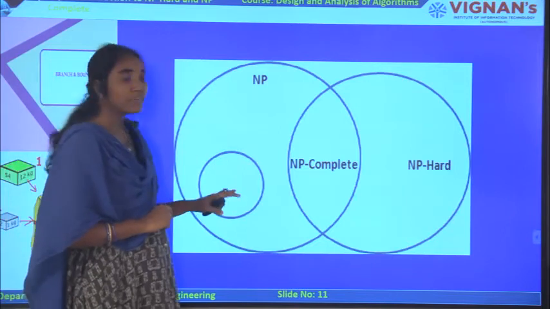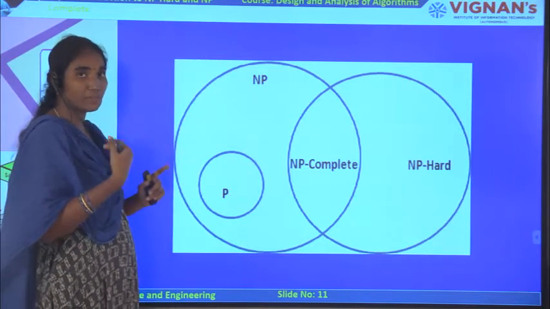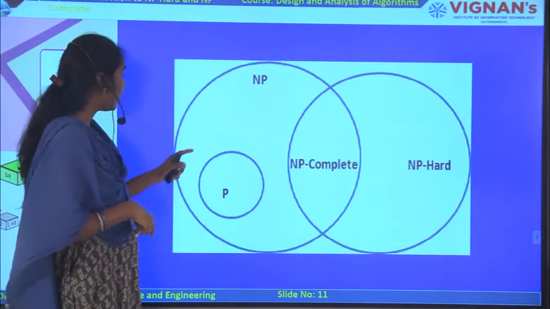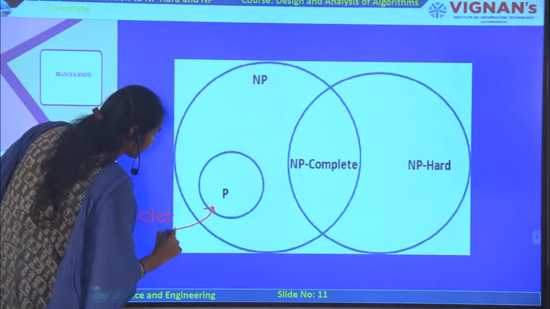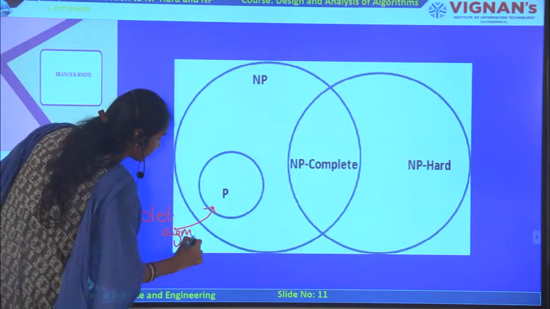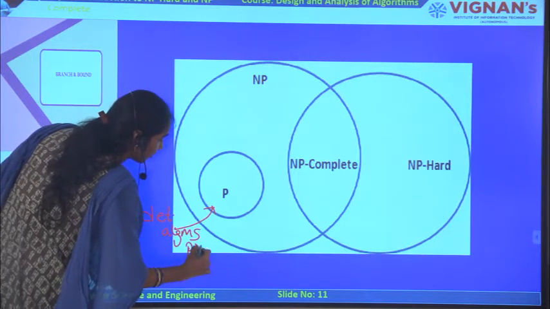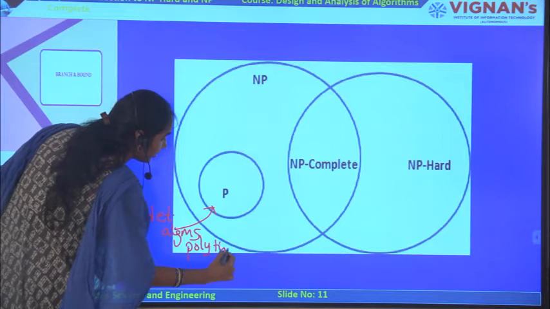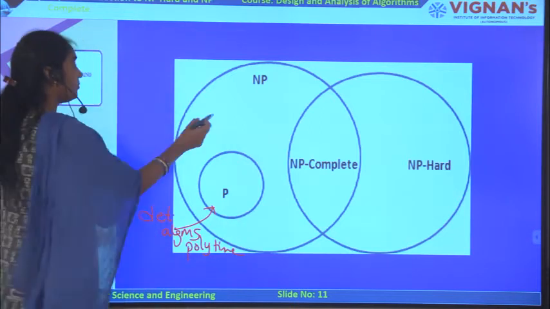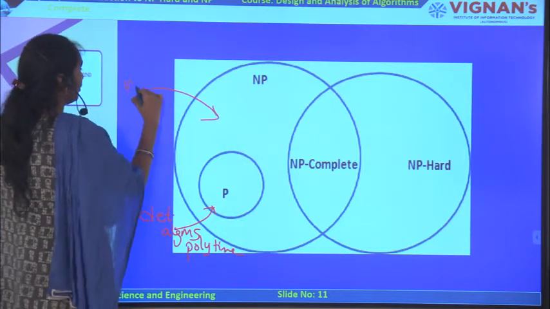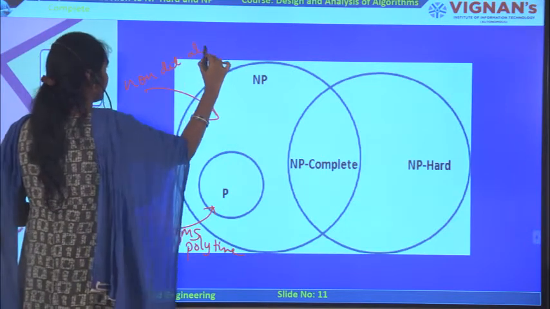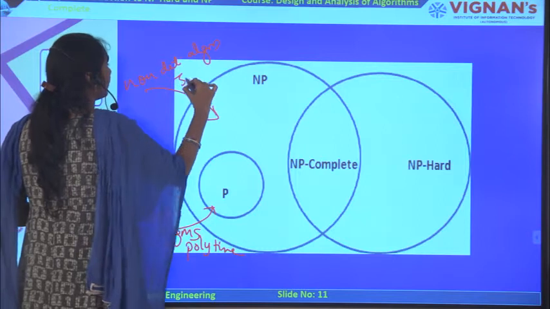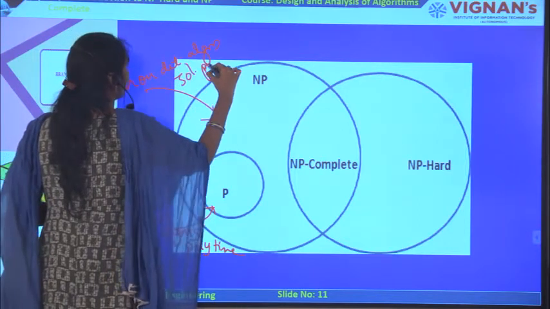Previously we have seen that P is a subset of or equal to NP. P stands for deterministic algorithms which can be solved in polynomial time, and NP means non-deterministic algorithms solved in polynomial time.